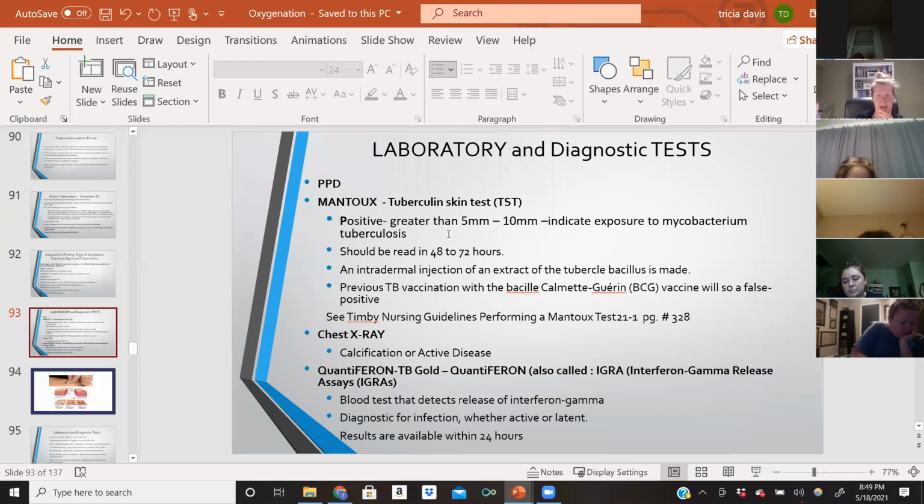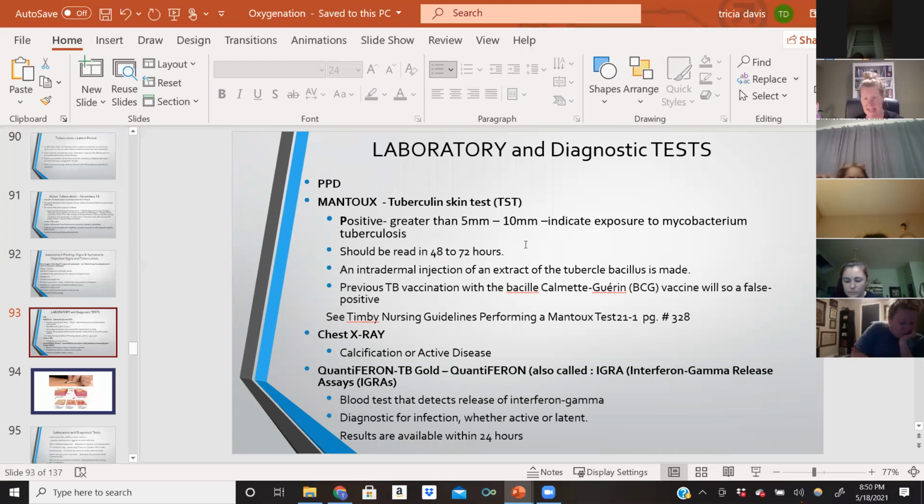It does have to be read, so a positive is greater than 5 mm to 10 mm. This is indicative of an exposure to the tuberculosis. Once you have that done, it has to be read within 48 to 72 hours. A nurse can read it and sign off on the paper. It is that intradermal injection of the extract.